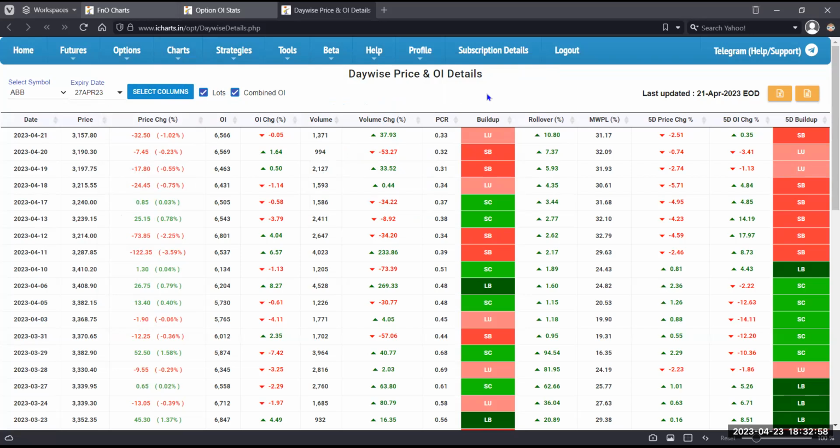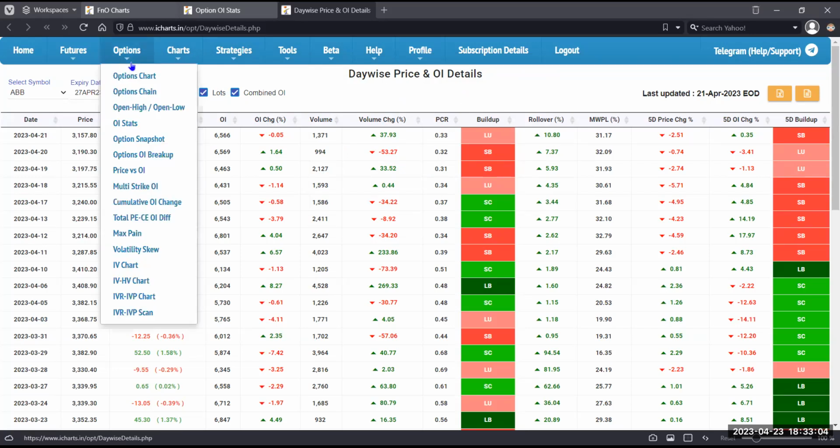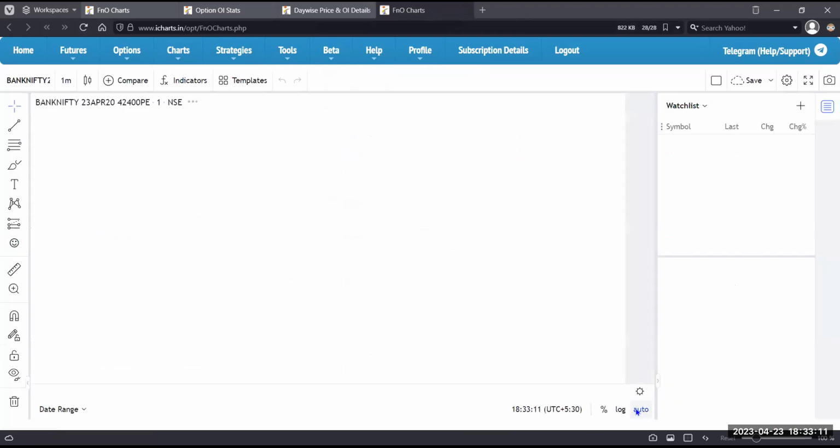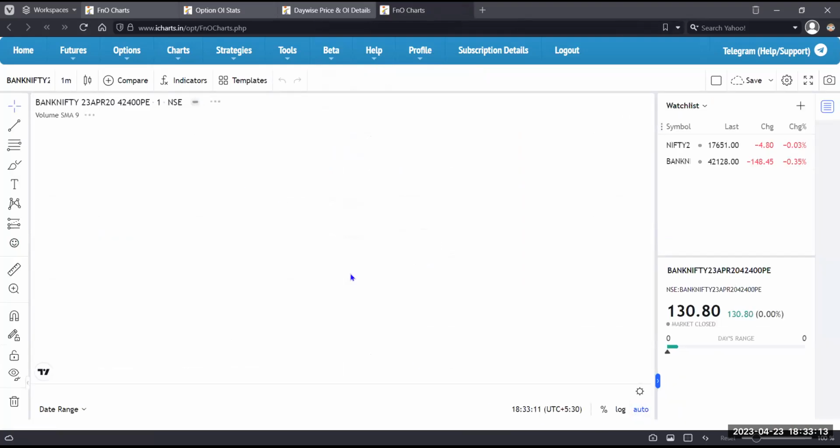I have one suggestion, something I pinged. If you go to any option chart, what he's asking is the same thing, but I'm asking a bit less than this.